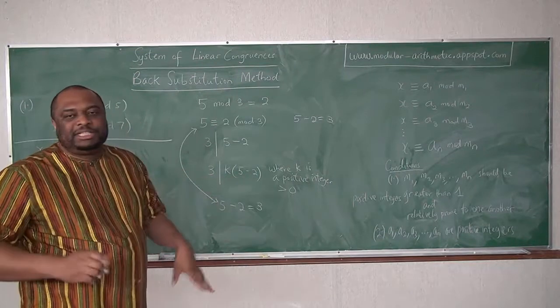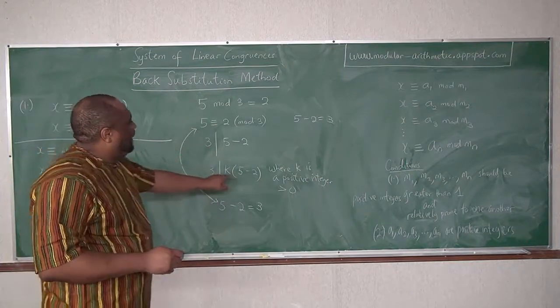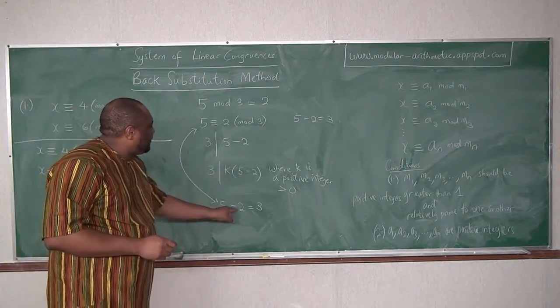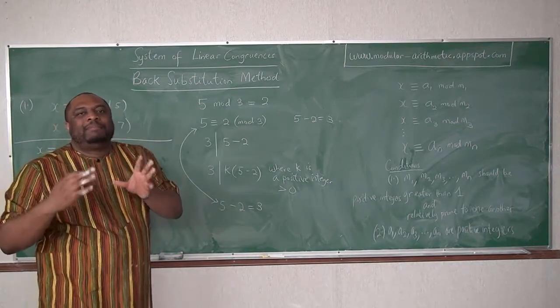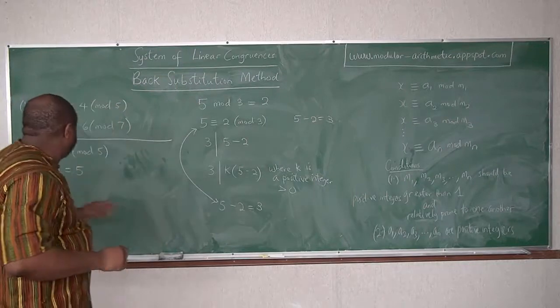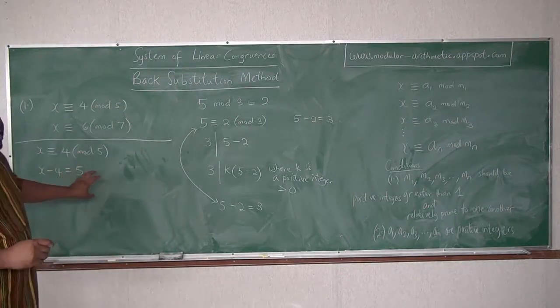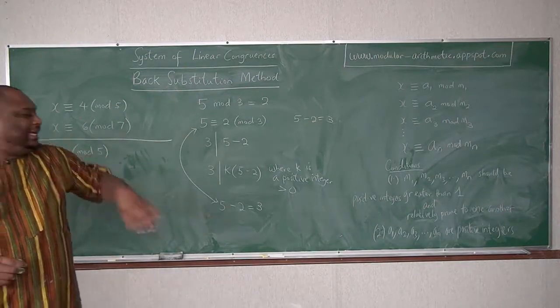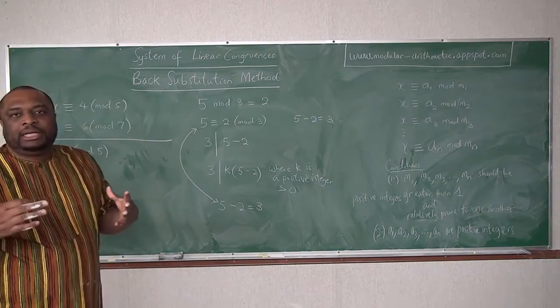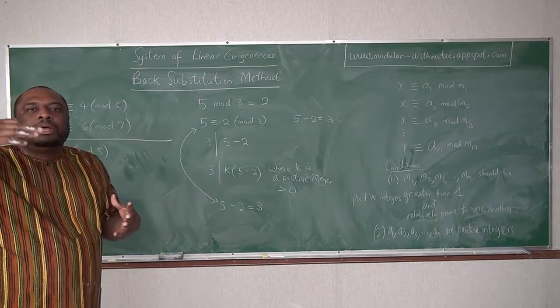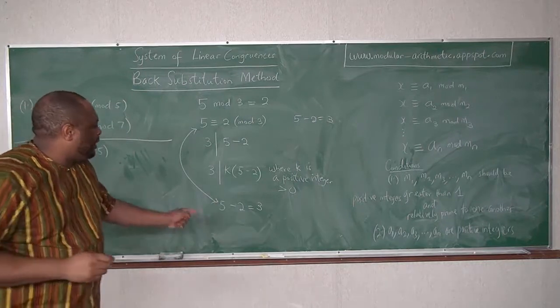K could be any integer. But in this case, this is 5 minus 2. What if it was not 5? So what I'm trying to say is that this can apply to several integers.